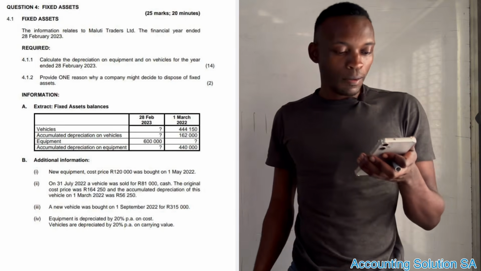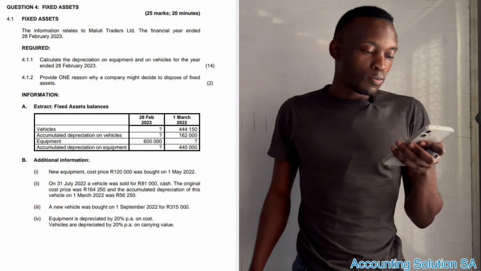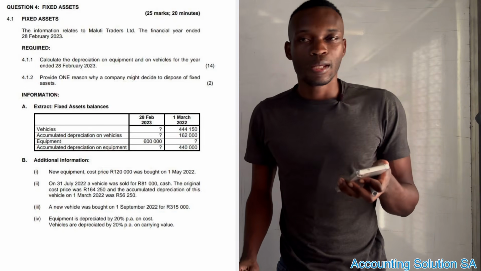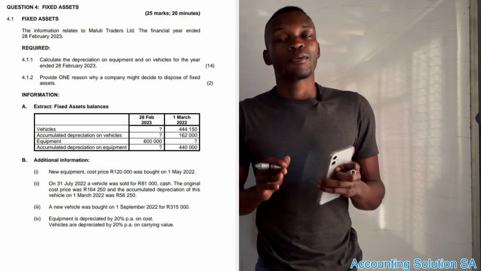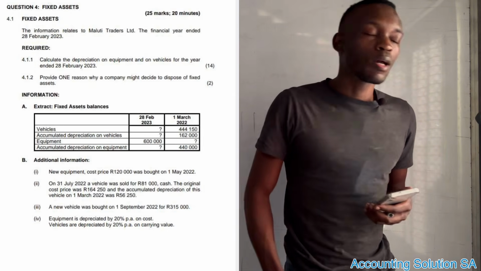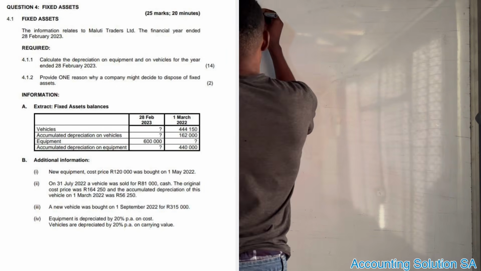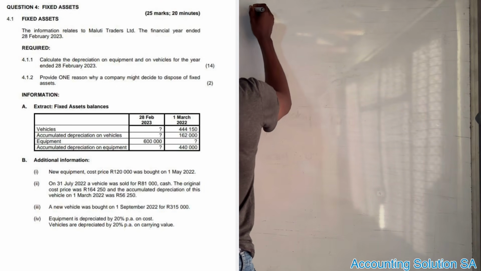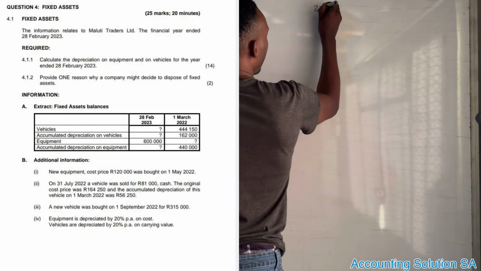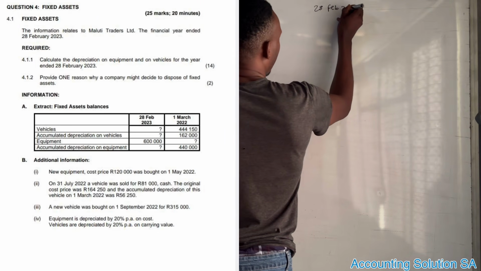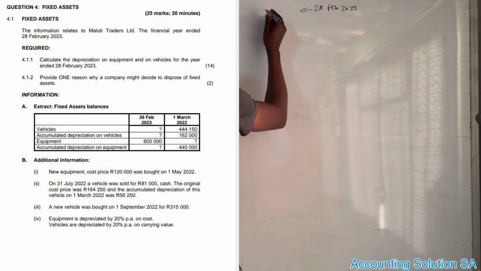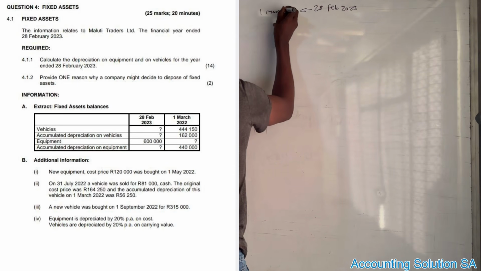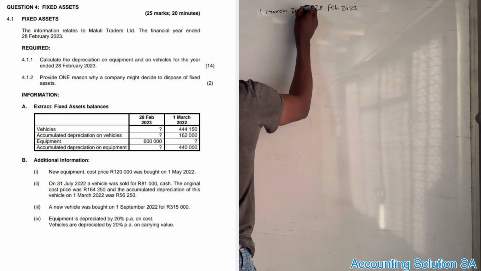Question 4 on this question paper. The information related to Matuli Traders Ltd, financial year end 28 February 2023. So guys, when you do fixed assets, you must write down your reporting period because it's very important when you calculate depreciation. Let's write it down. Because our year is ending 28 February 2023, it started last year, 1 March 2022.